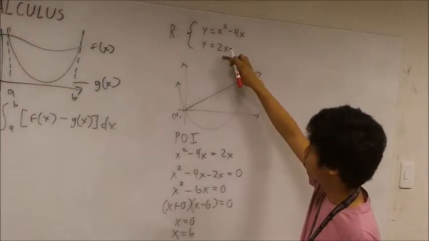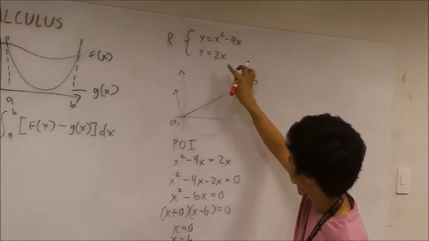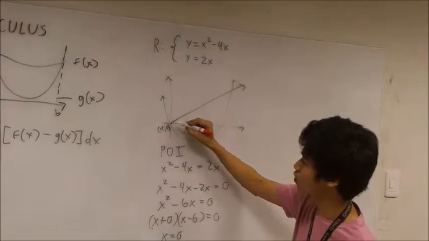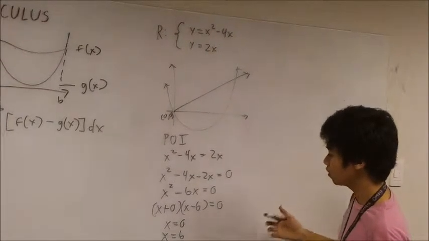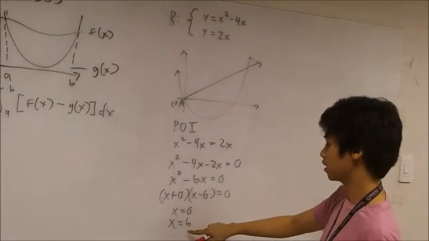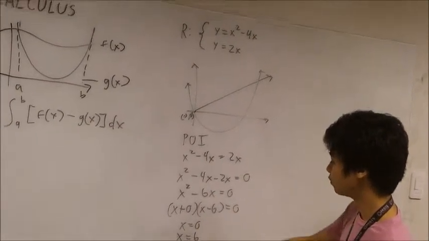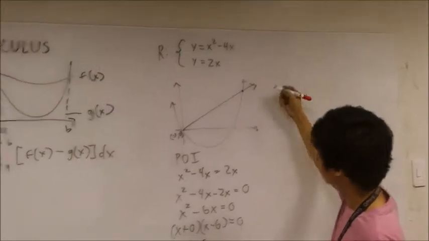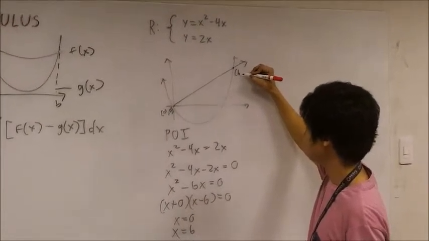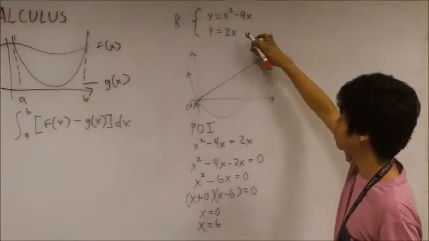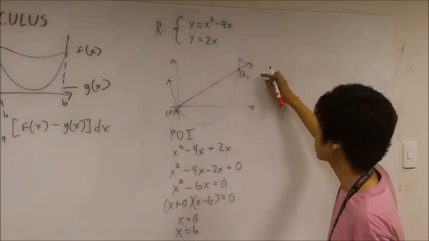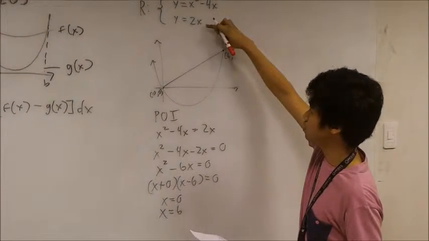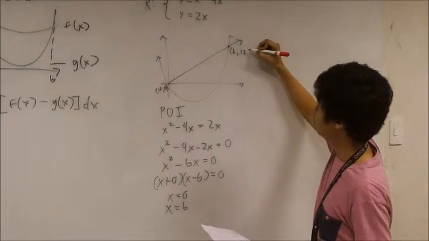So 2 times 0, since x is 0, is 0. Okay, so we found the first point of intersection. And we can also look for the other point of intersection, using x equals 6. So we can already solve for this point here. We have 6 as its x value, and we can plug it in any of the functions. We can use y equals 2x. So 2 times 6, since 6 is the x, is basically 12.